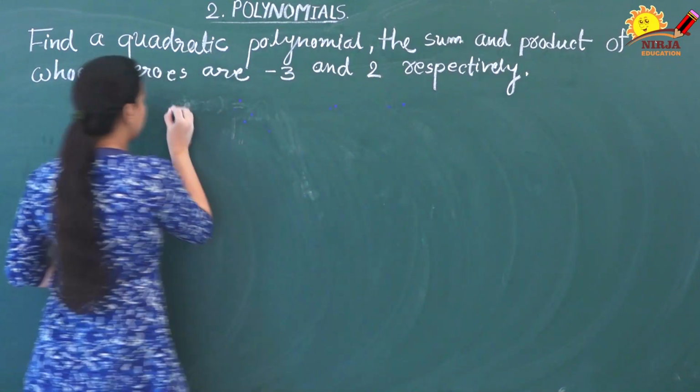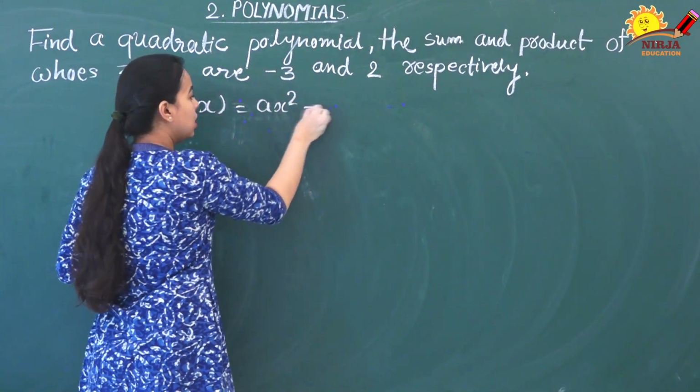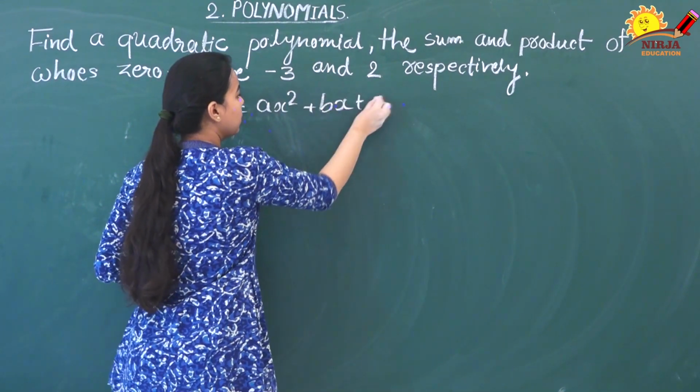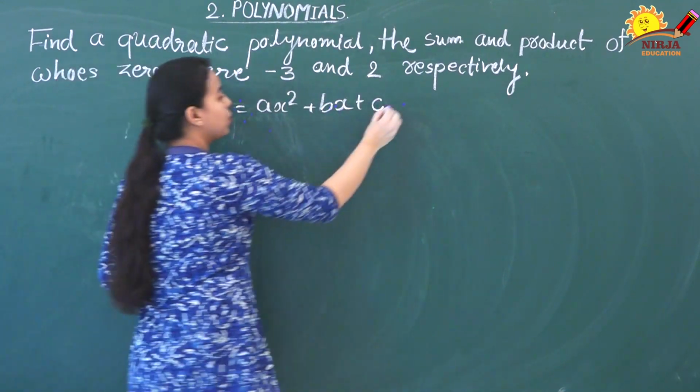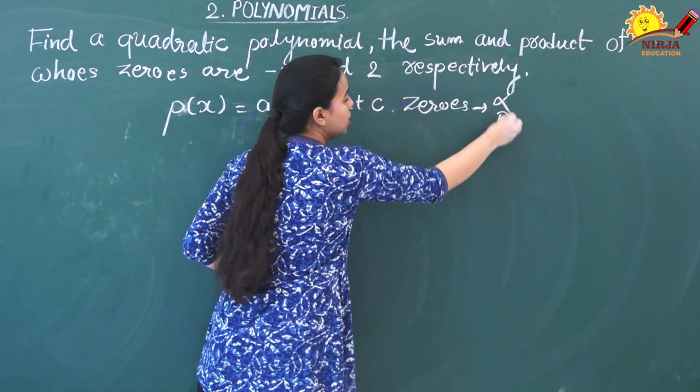Here I am going to write one quadratic polynomial. P of x is equal to ax square plus bx plus c. Suppose the zeros of this polynomial are alpha and beta.